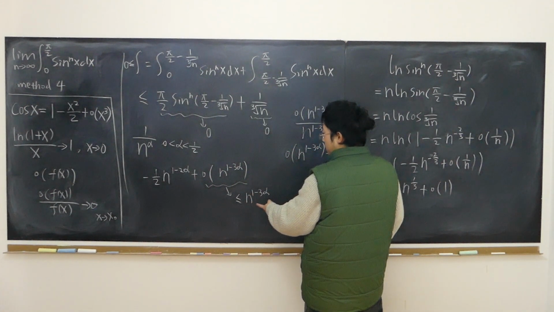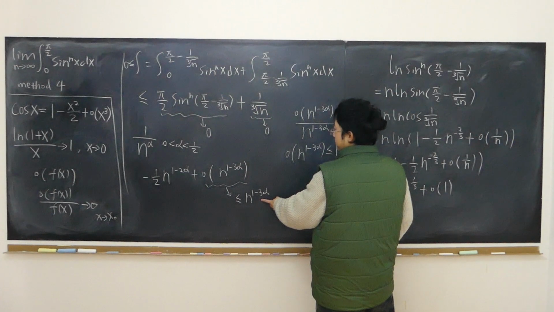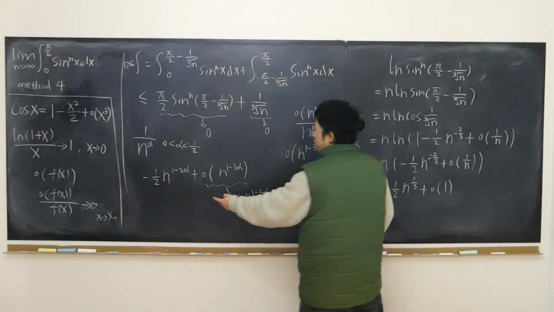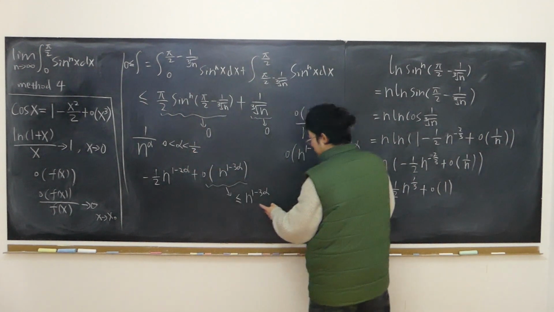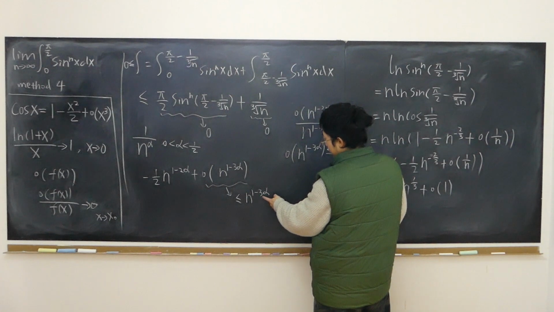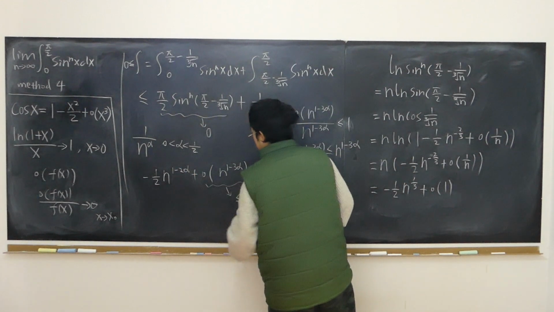Why? Because let's compare the powers. Which power is larger, 1 minus 2 alpha or 1 minus 3 alpha? Here the power is 1 minus only twice alpha. Alpha is positive. Here I'm subtracting something bigger, 3 times alpha. Of course, this power should be smaller than that power.